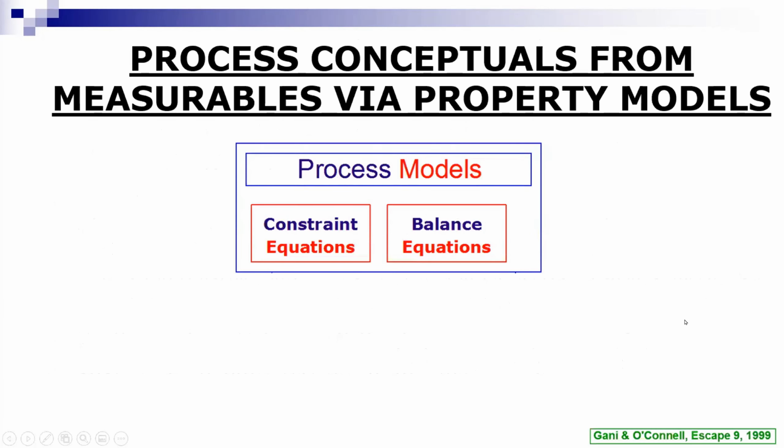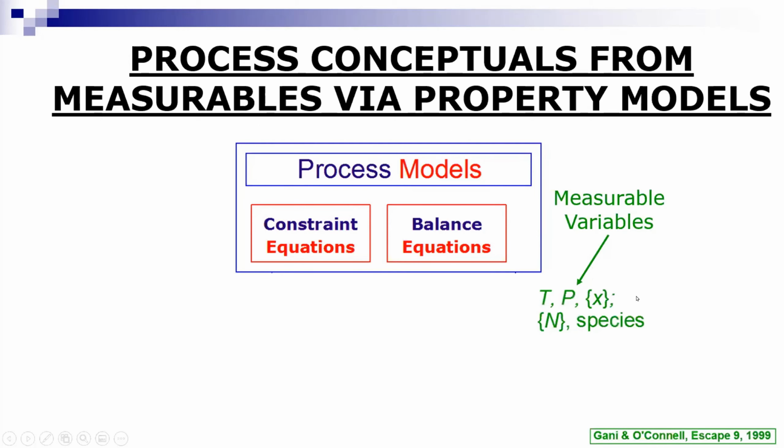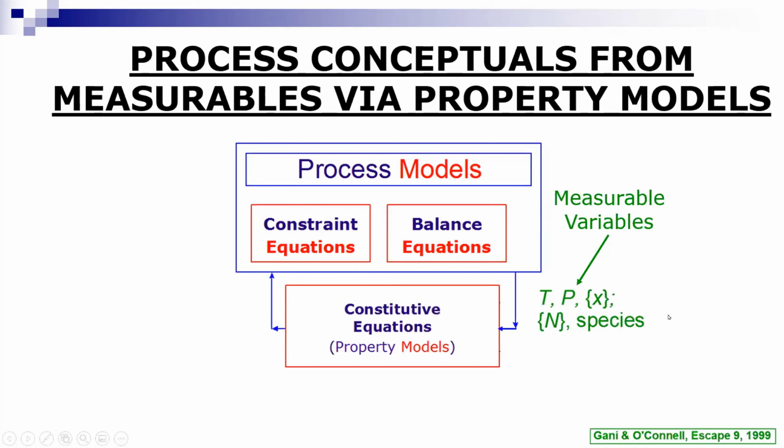Here's a picture that comes from Ganny and O'Connell. This was not the first paper we actually published together, which was done in 1989, but a presentation of how to think about process models that process simulators, for example, do. They solve constraint equations and balance equations. Rafiq showed a number of those. We start with measurable variables: temperature, pressure, composition in mole fractions, number of moles, which species are you dealing with?